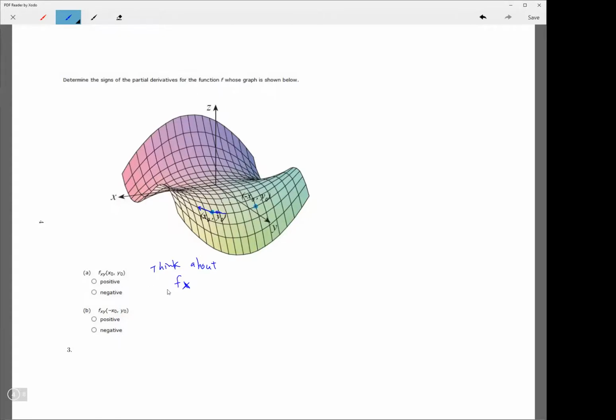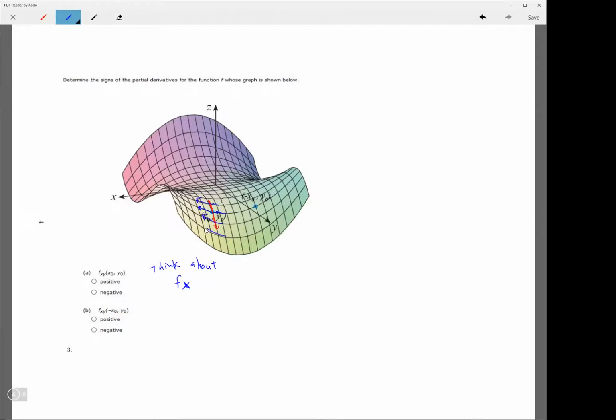Okay, now, if you're going to take the partial of that, so that's positive, right? Now, if we look at the y direction, that's this right here. And so now the idea is as you're going this way in the positive y direction, what's happening to these partials with respect to x?